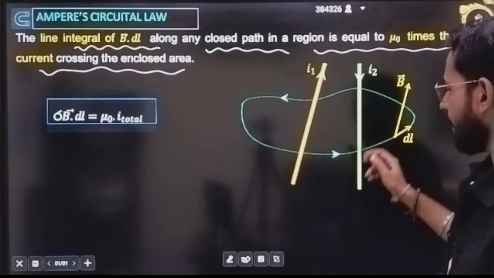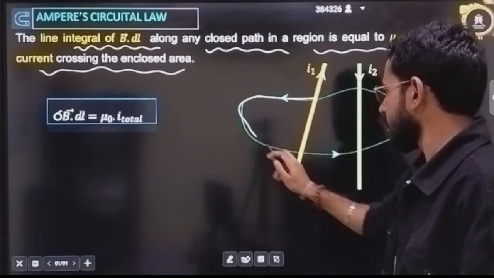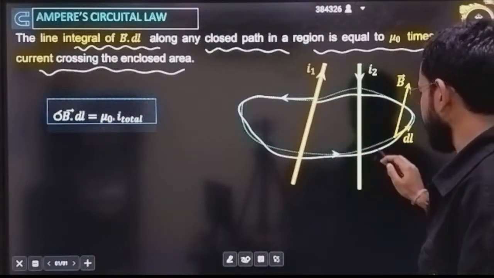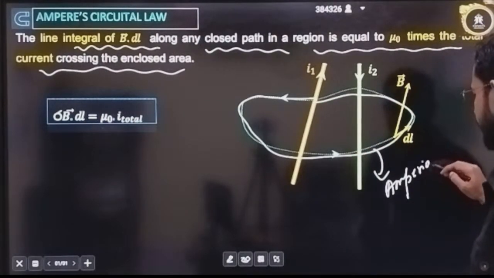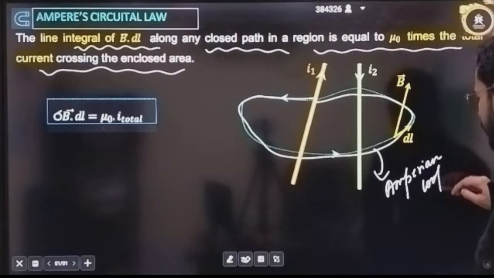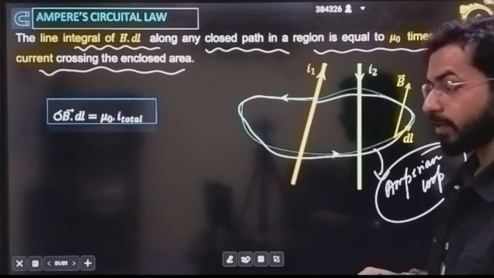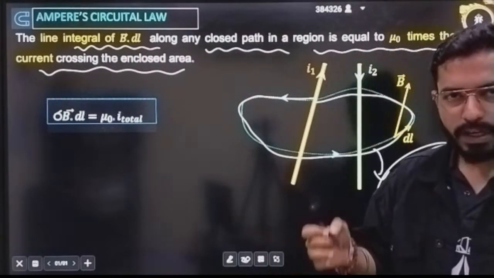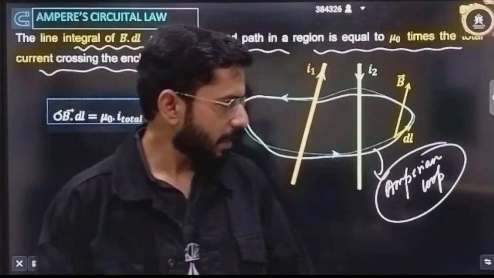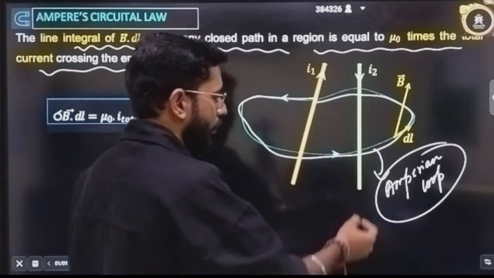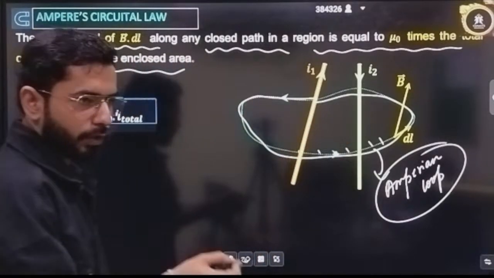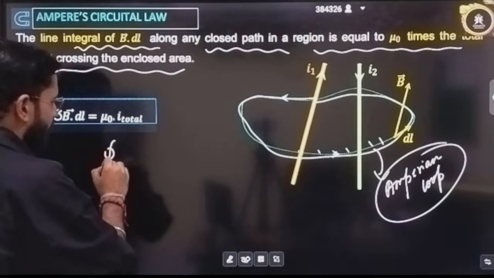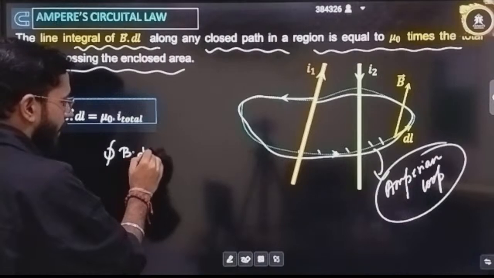What you will do is, firstly, make an Amperian loop. This imaginary surface is called an Amperian loop. Then I take an element dl on this Amperian loop and integrate all these dl vectors, and write the equation.